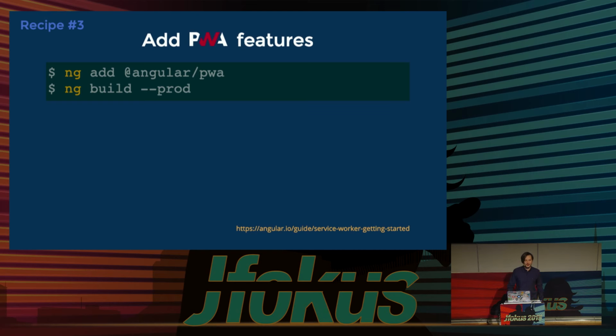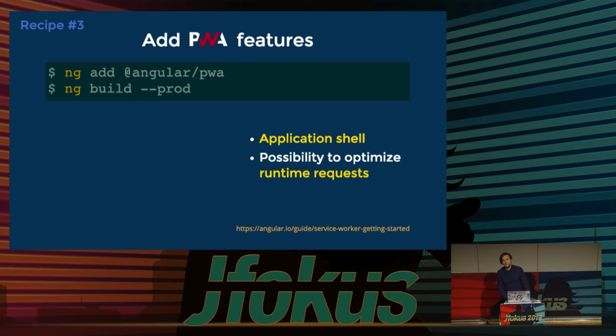What we have, after all, if we test our application in the browser, is an application shell ready to serve us, which is basically the application UI, pre-cached and ready to work offline, plus a configurable way to cache and then reuse our data requests.